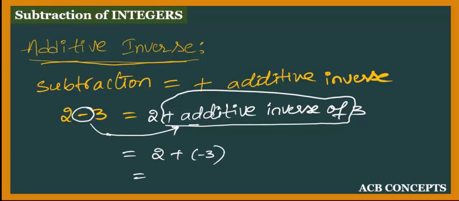So here we have different signs, plus 2 and minus 3. Adding two integers of different sign, put the sign of the bigger number and write the difference. Here the answer is minus 1. So subtraction is nothing but plus additive inverse.